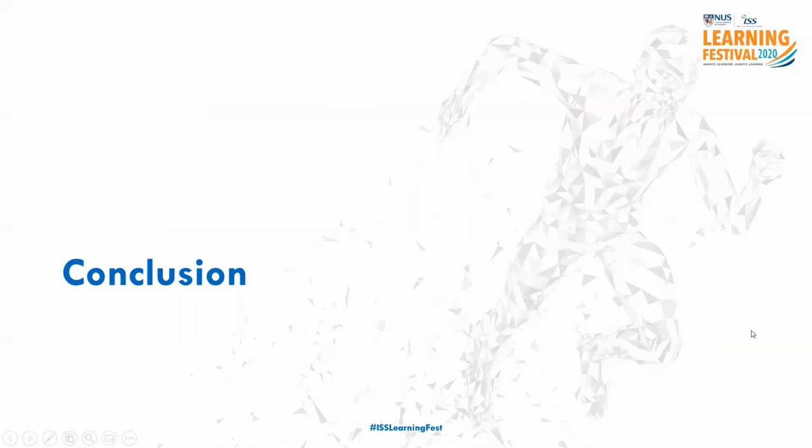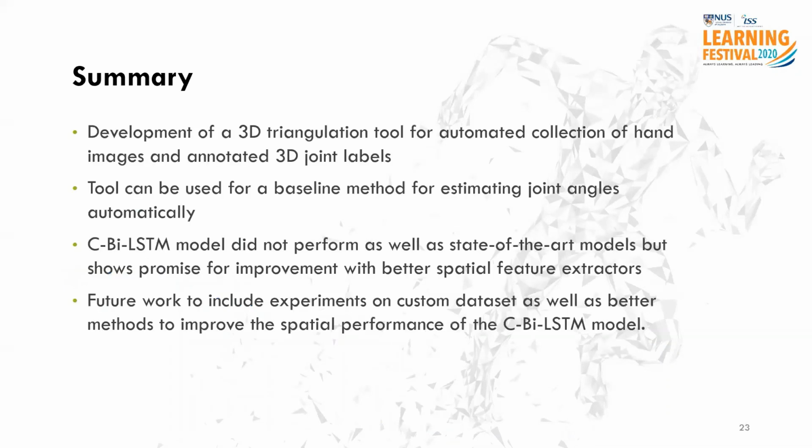Now, I've come to the end of the presentation. So I'd like to close it off by giving you a summary, as well as some learning points from this project. For this project, a 3D triangulation tool for automated collection of hand images and annotated 3D joint labels was developed, and it can also be used as a baseline method for estimating these joint angles.